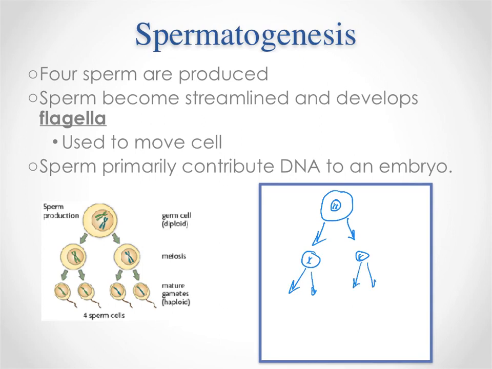Both of these divide again, forming 4 haploid cells. Okay, that's the cell membrane, the 1 chromosome we're putting in there, and the nuclear membrane. And these guys are going to streamline, get a little bit elongated, get this bunch of mitochondria here and this long tail. So then they develop into the sperm cell.